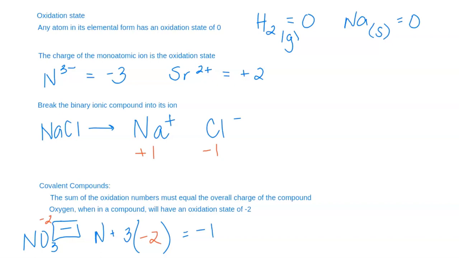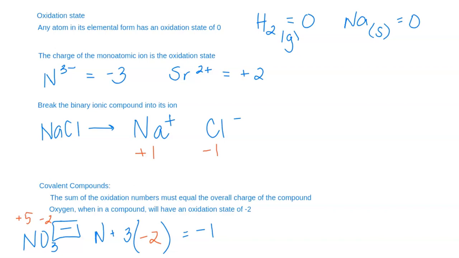The sum of those two elements has to equal -1 since that's the overall charge of the compound. So we do a little bit of math and we find that the oxidation number of the nitrogen has to be a +5.